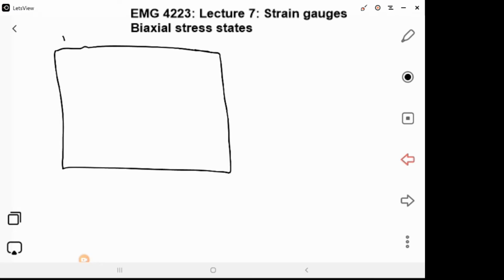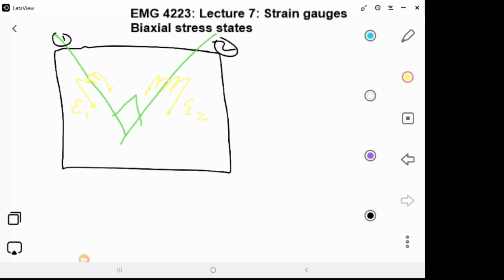These are the directions, say this is direction 1 and this is direction 2. So the first principal stress is in this direction. The strain gauges measuring the first and second principal strains will be located as such.